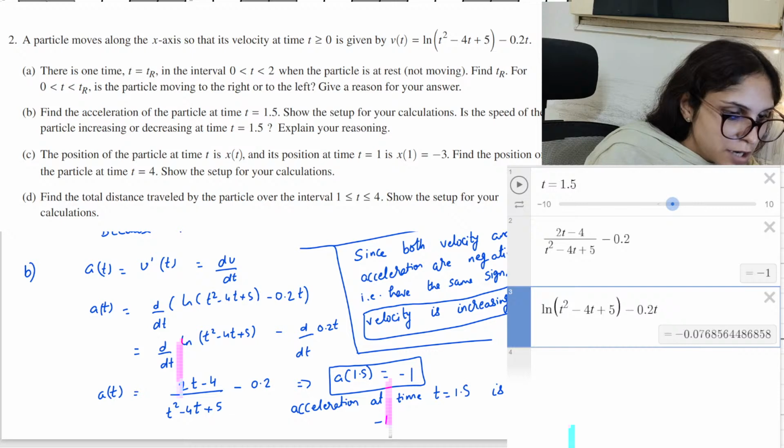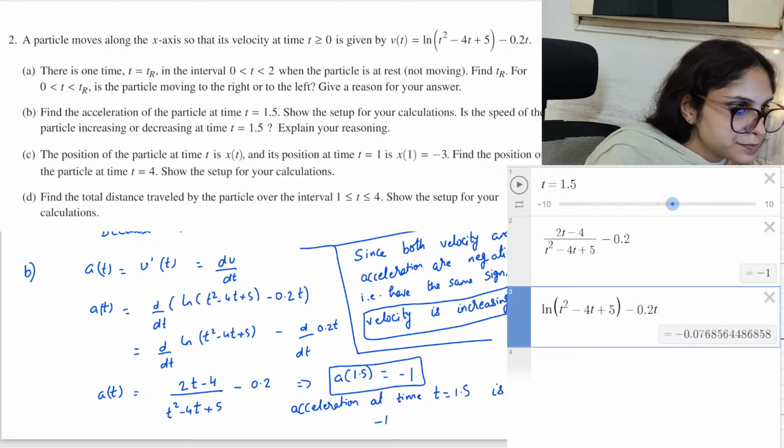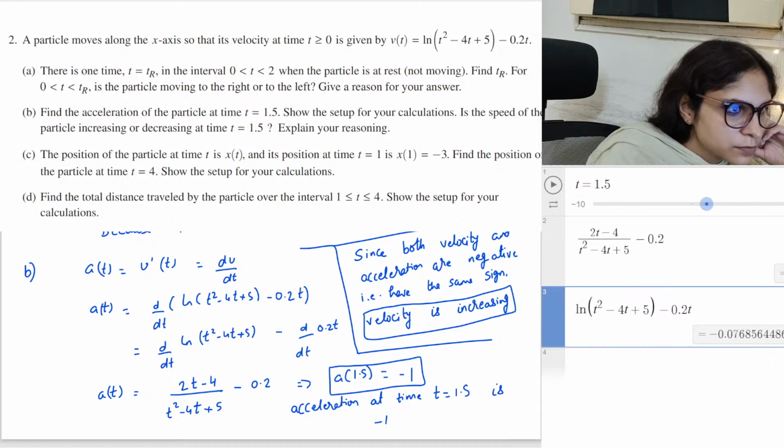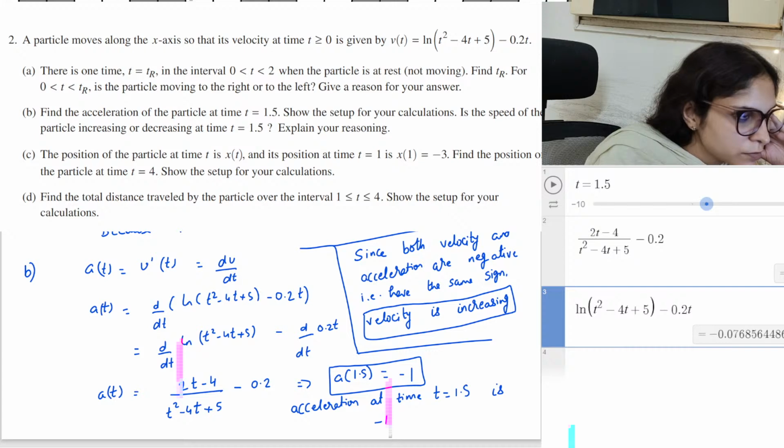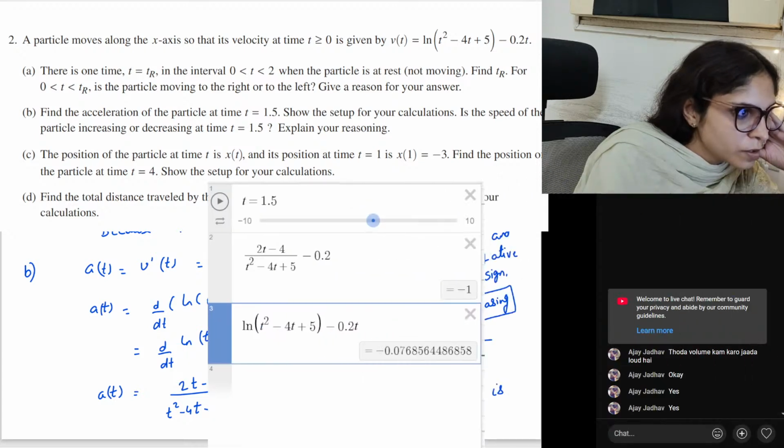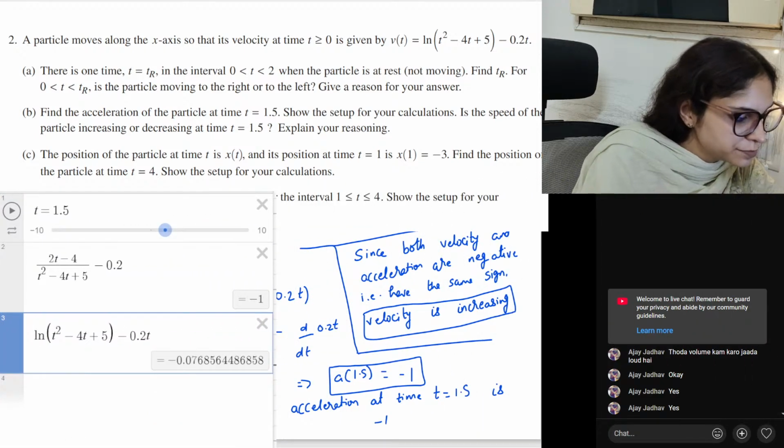And if you want to see the graph also, let me show you the graph.